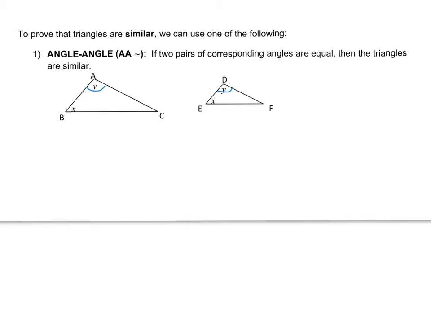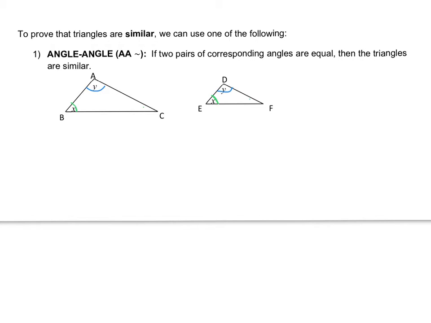So angle A is shown to be equal to angle D because they're both marked with the letter Y, and angle B is equal to angle E because they're both marked with the letter X. Then by default the third angles will be equal, and that will preserve the shapes, and the triangles will be similar.